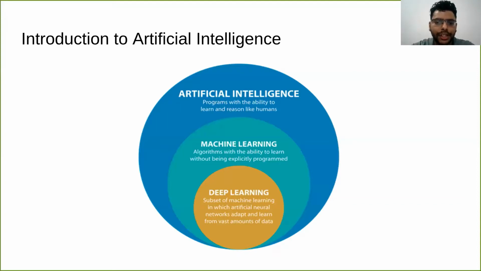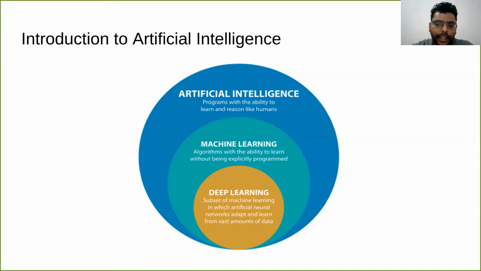Machine learning means using algorithms, basically mathematically based algorithms, that learn to do these activities without being explicitly programmed, where they learn by themselves to carry out the different activities that can be done by human beings.